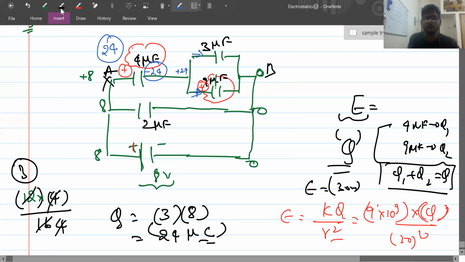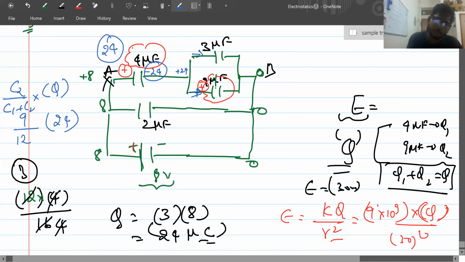But we have studied the formula for how the charge is distributed when two capacitors are parallel to each other. That formula is C2 by C1 plus C2 into total charge Q. Total charge is 24. So 24 into C2, which is 9, by total capacitance C1 plus C2, which is 3 plus 9, that is 12.